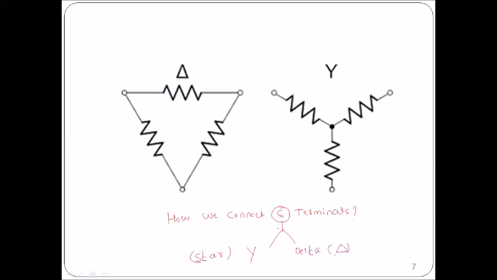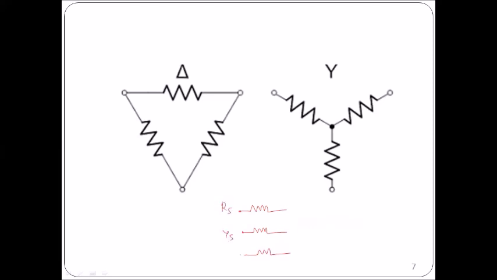Okay. Now, what are star and delta? We shall now discuss. In the case of star connection, all the endpoints are connected. Anyhow, we know how the resistances are represented, right? So let us say this is RS, this is YS, this is BS, and this is RE, this is YE, this is BE.